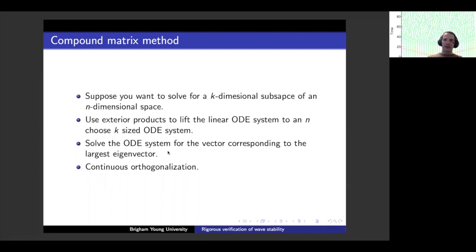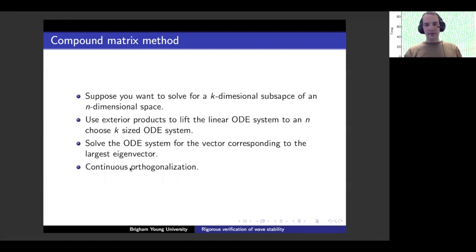One of the things we have our sights on is being able to rigorously compute with continuous orthogonalization. Continuous orthogonalization is a method that Humphreys and Zumbrun came up with, where you use continuous orthogonalization as has been done in the past by others, but you do it in a way that allows you to track the analyticity.